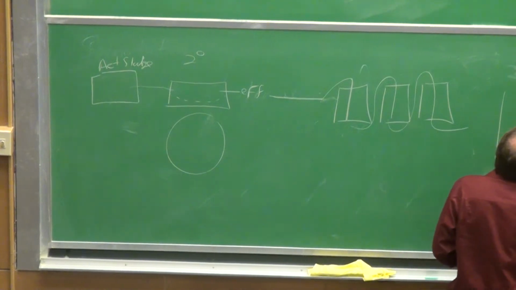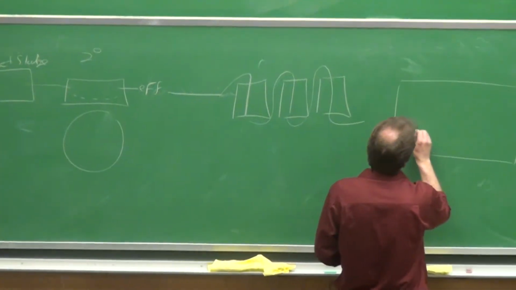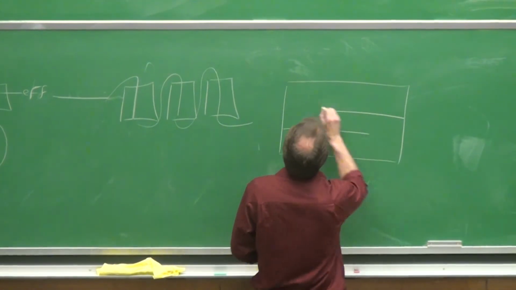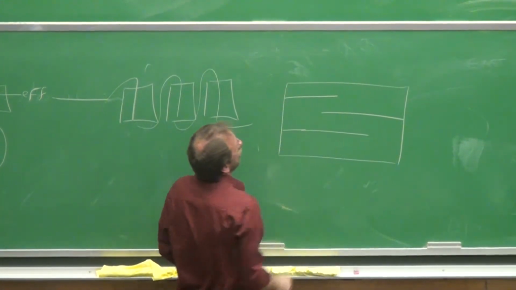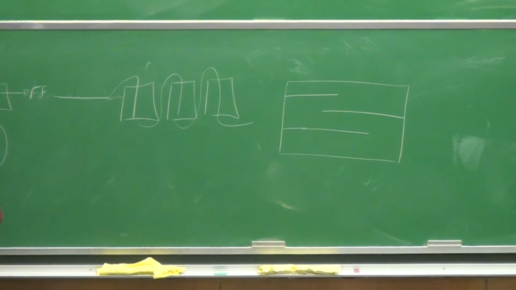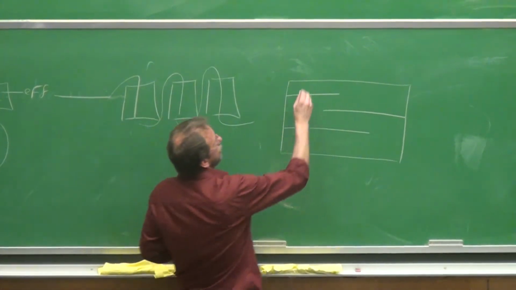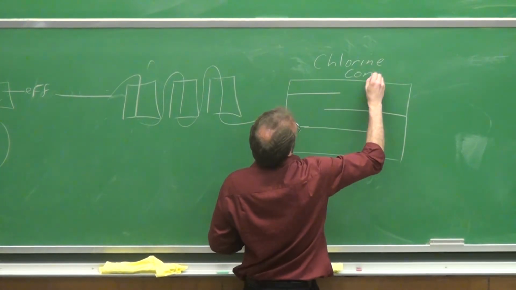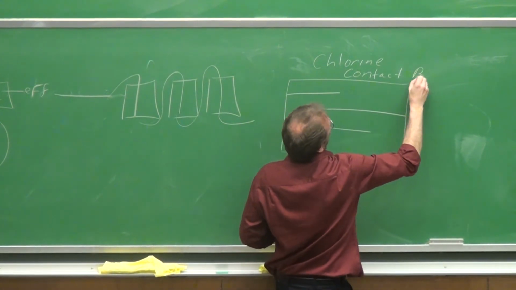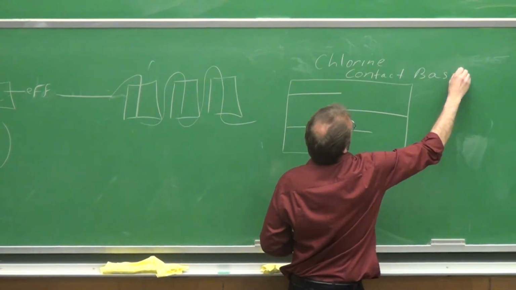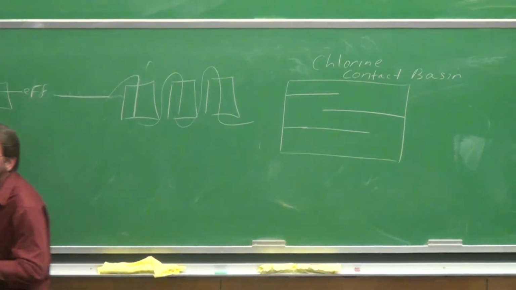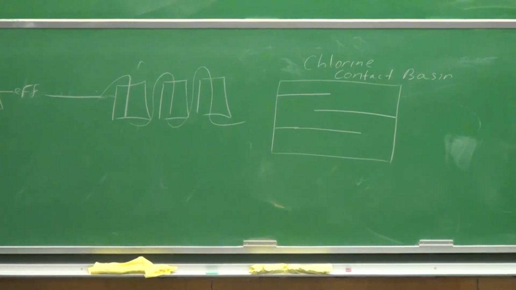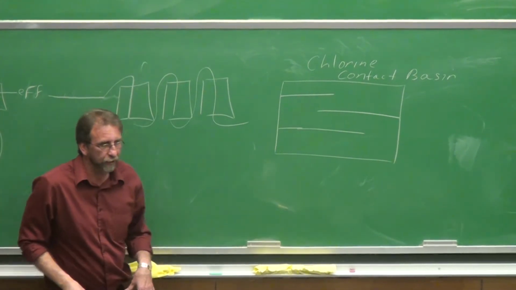So the plant has what is known as a chlorine contact basin. And here we expose the water to chlorine in hopes to kill the bacteria that will be there.